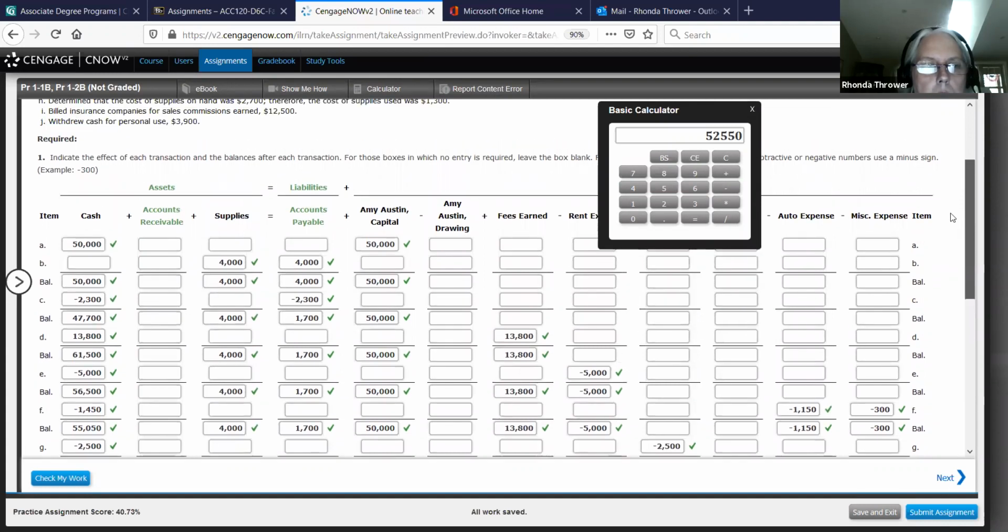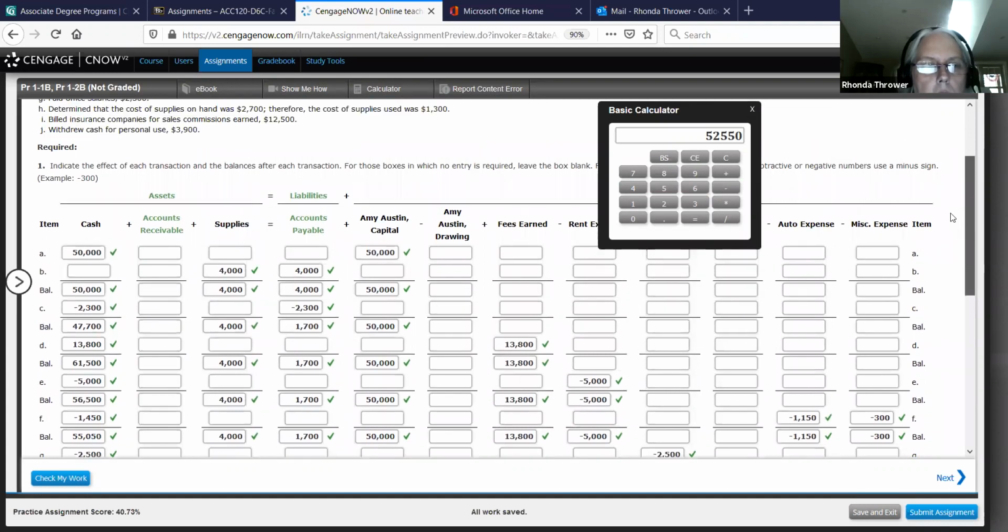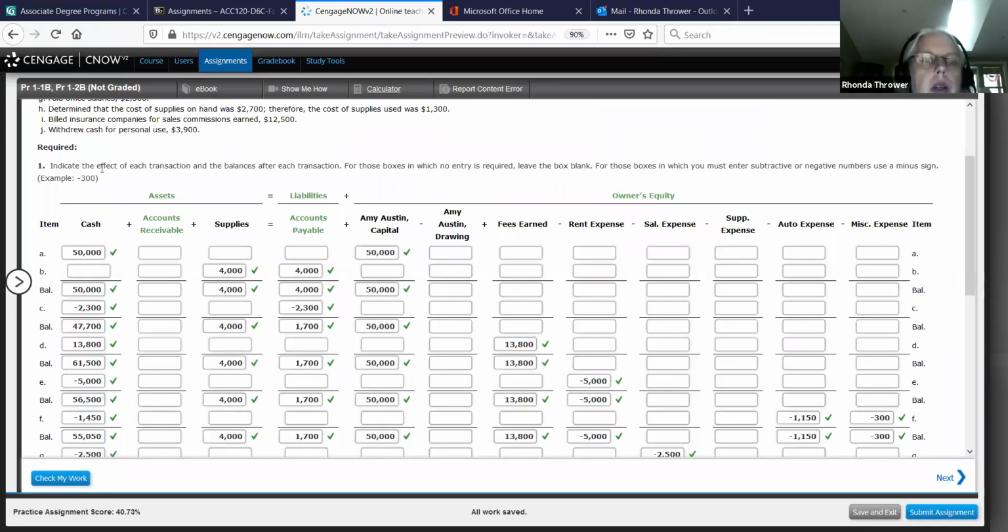All right, our next transaction is going to be H. And H is a little bit different. With H, it says that we are determining the cost of the supplies on hand. That was $2,700. We determined that.